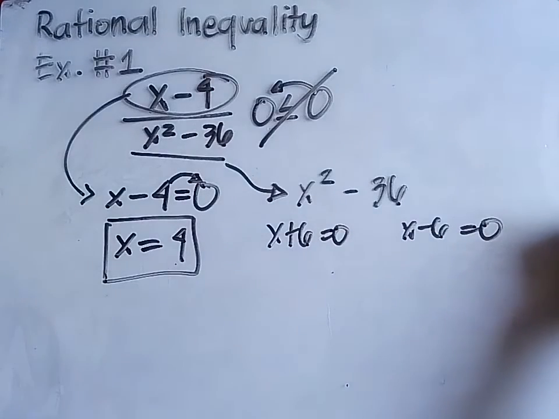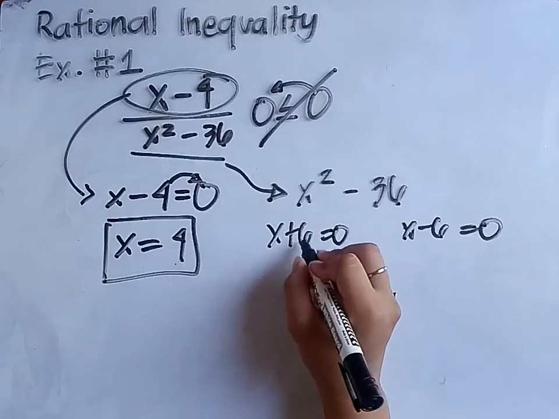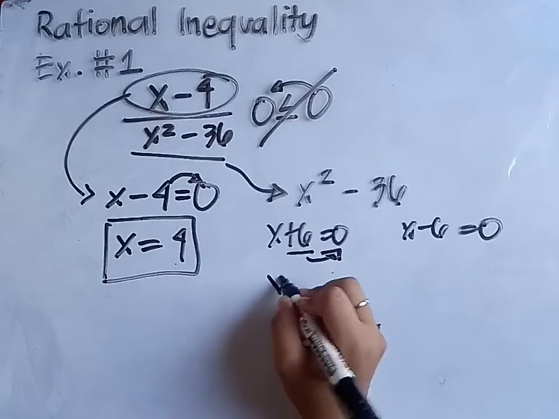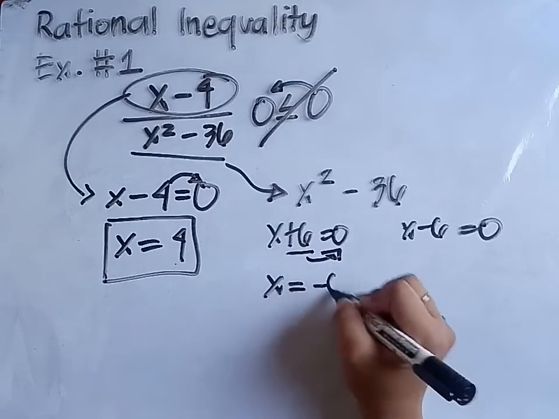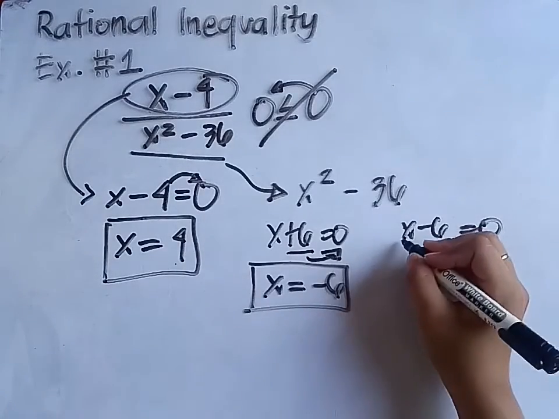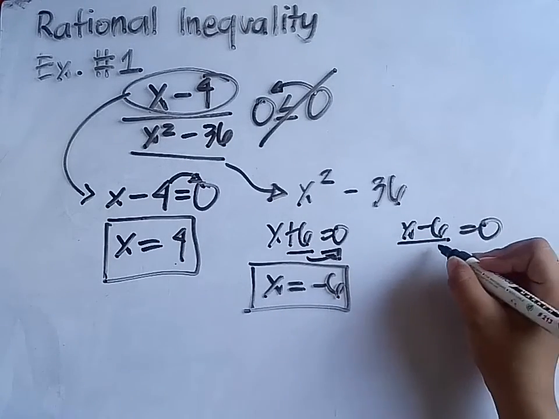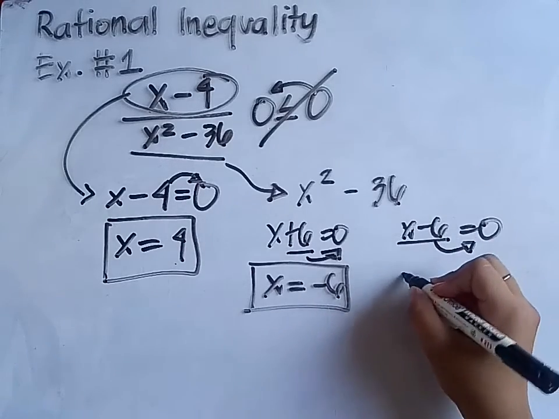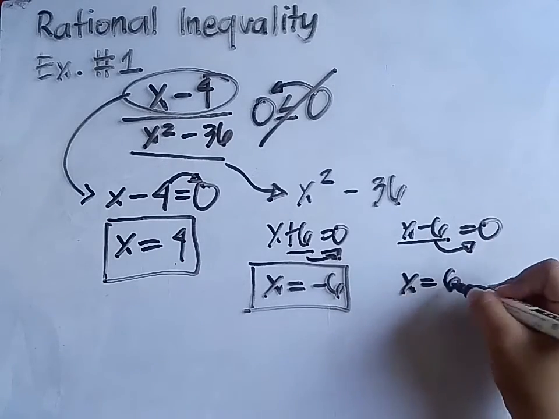For x plus 6 equals 0, we transpose positive 6 to the right, so x equals negative 6. For x minus 6 equals 0, we transpose negative 6 to the right, so x equals positive 6.